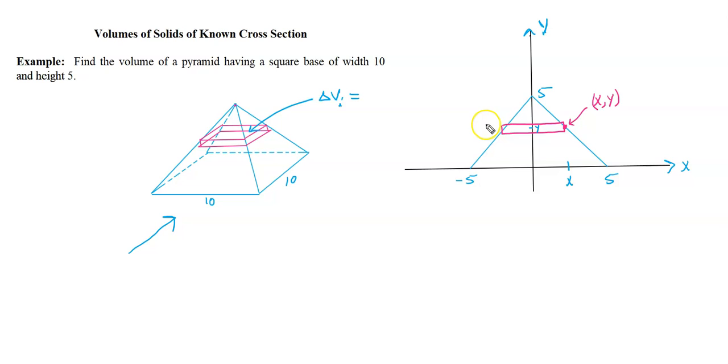And let's suppose that it has a thickness, call it delta y. So then the volume of this piece is going to be the area of the base of this shape times the thickness. Now the area of the base is going to be this distance, which is 2x, squared, 2x times 2x, times the thickness delta y.